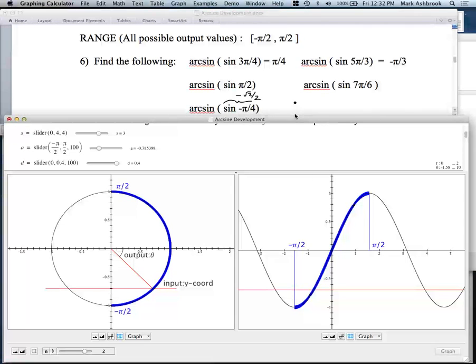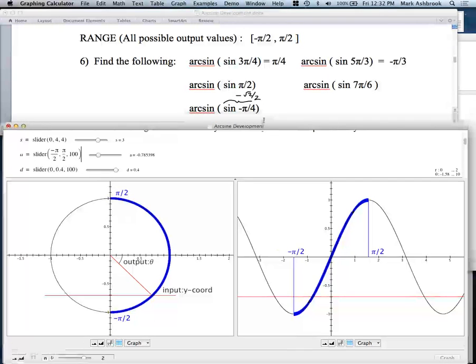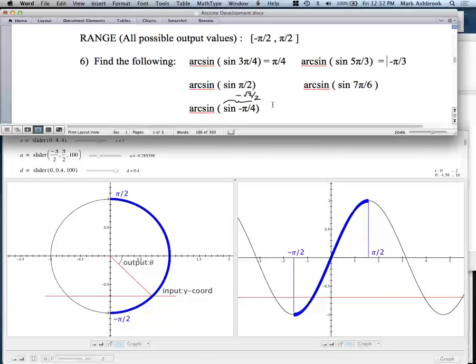Negative pi over 4. Did you get it? So the answer to this one is truly negative pi over 4. So sometimes, if your initial angle is in that range, from negative pi over 2 to pi over 2, you put it through both processes, it will truly give you back that angle you started with. So the answer to that one is negative pi over 4.